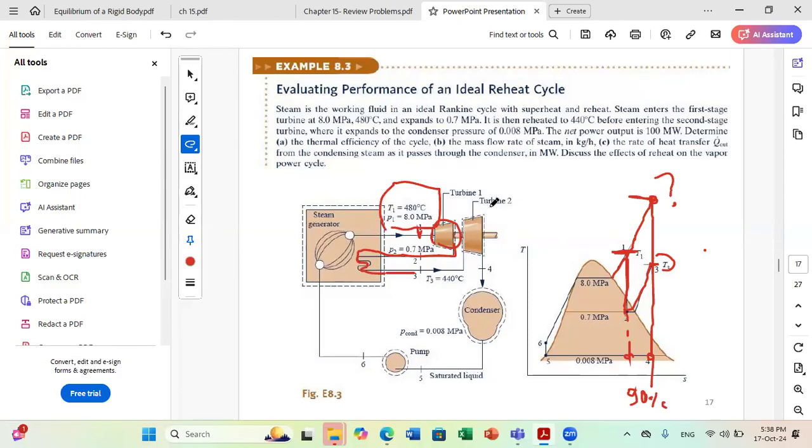In general, when they give you both pressure and temperature, you are not inside the dome. Because if you have a phase change, there is no need to give both: once I know the pressure, I can determine the saturation temperature.